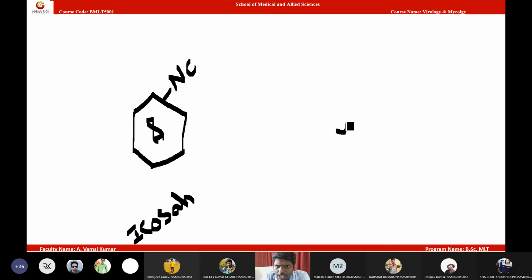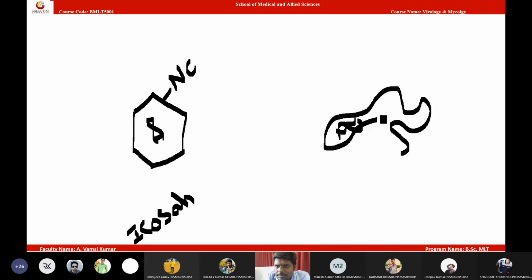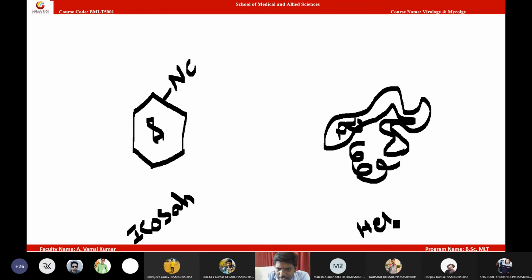Helical means we have a genetic material, and this genetic material is protected by an outer shell. This outer shell will be in helical symmetry, which means it will be like a spring. So this symmetry is called helical symmetry.